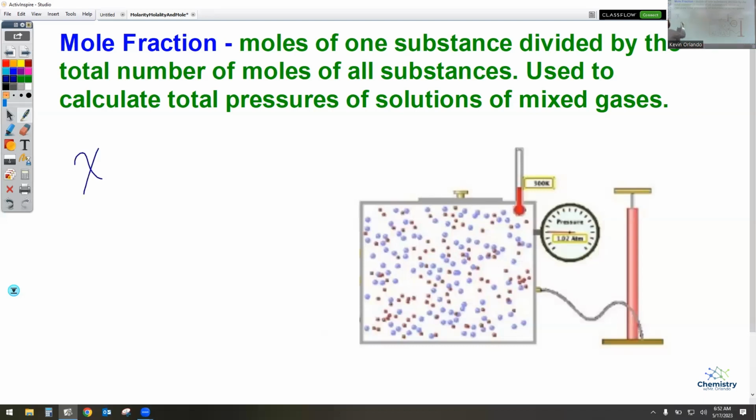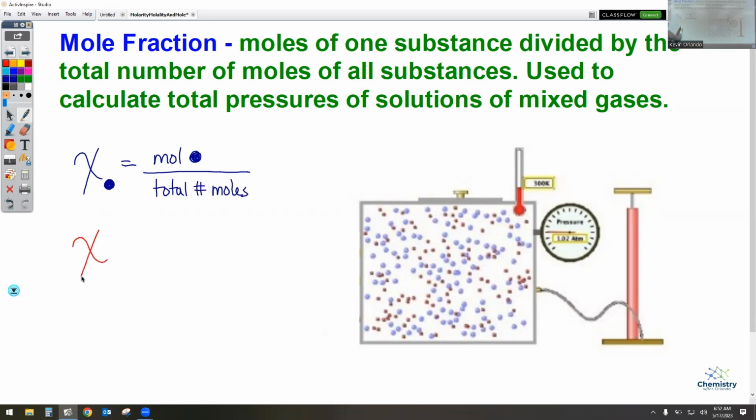So in this case, the mole fraction for, say, blue spheres would equal the moles of blue spheres divided by the total number of moles.